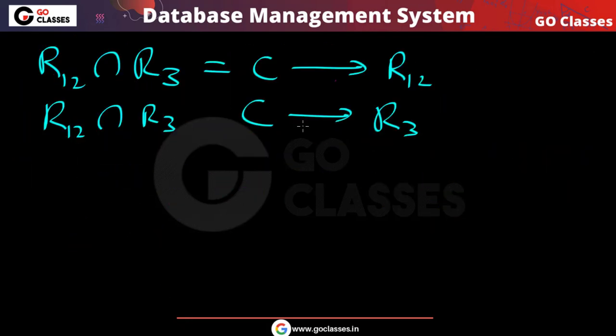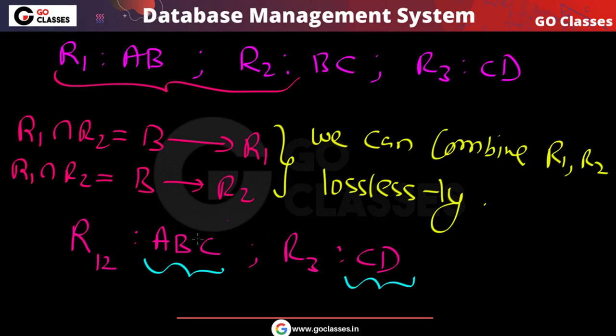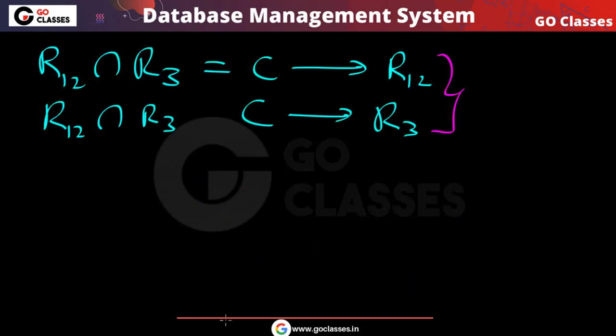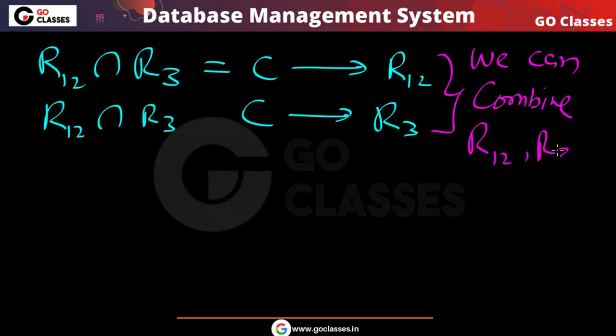So this is a super key in both relations. Finally, I can say that we can combine these two sub relations in a lossless manner, so we can combine R12 and R3 losslessly.